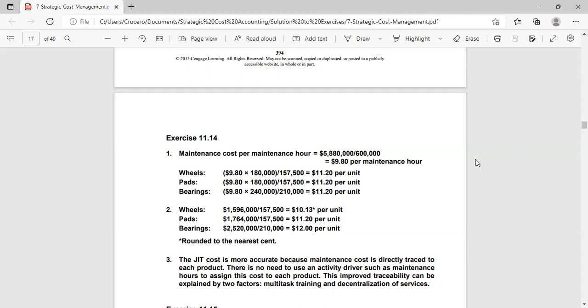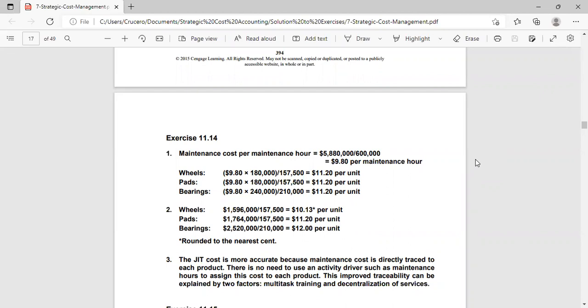The maintenance cost totaled 5,880,000 per year. The maintenance hours used by each product and the quantity of each product produced are as follows.